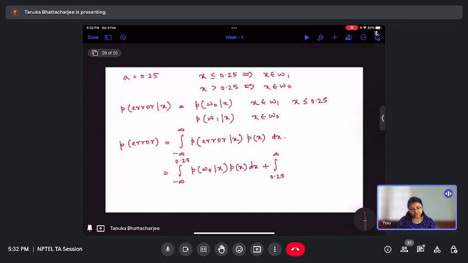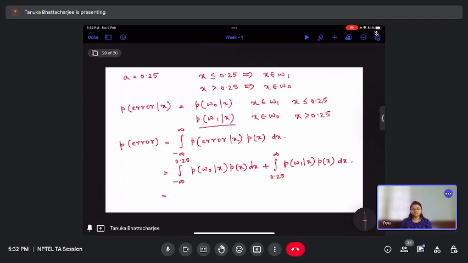In this region, if your x is greater than 0.25, you assign it to class omega 0, then your probability of error given x is basically probability of omega 1 given x. So the expression reduces to this.